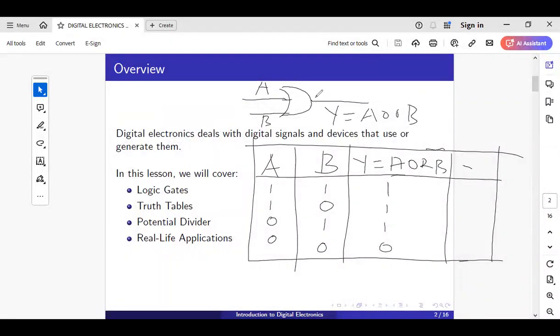Now, how about if I want the complement of A OR B? This is the same as writing A NOR B, a combination of NOT and OR.